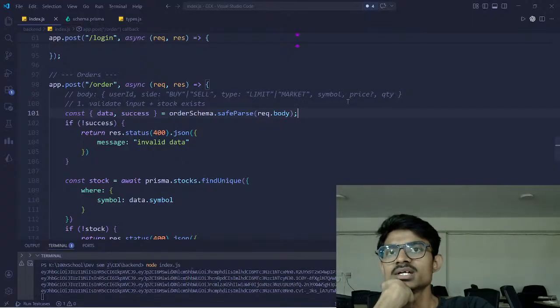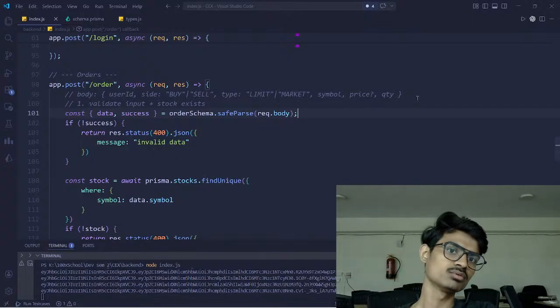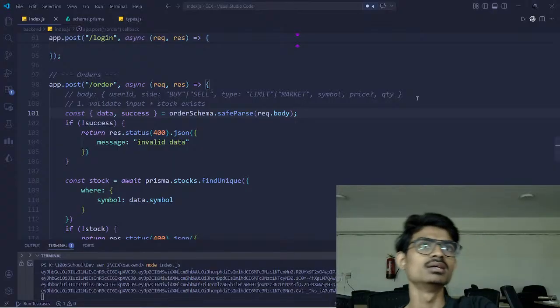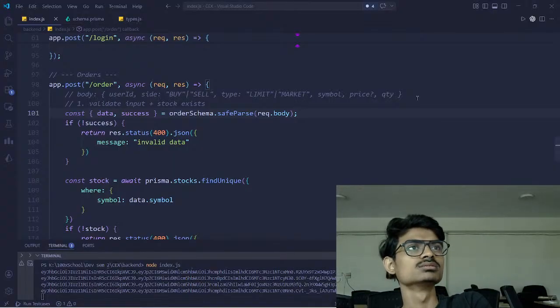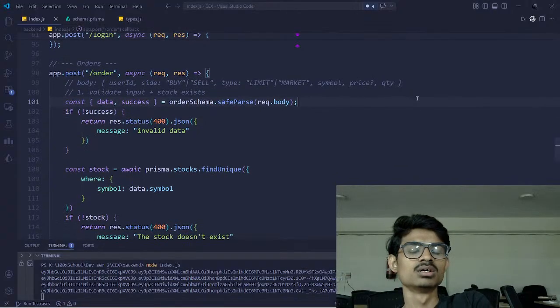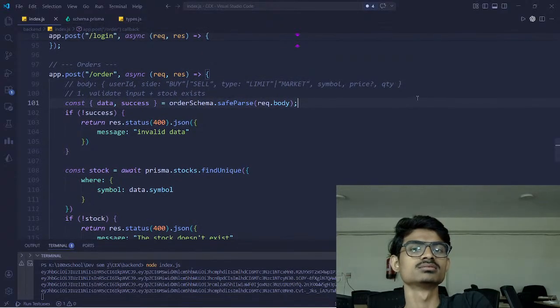If it's market, then you just say I want to buy for $40, and you just get however much quantity you can get with that price.